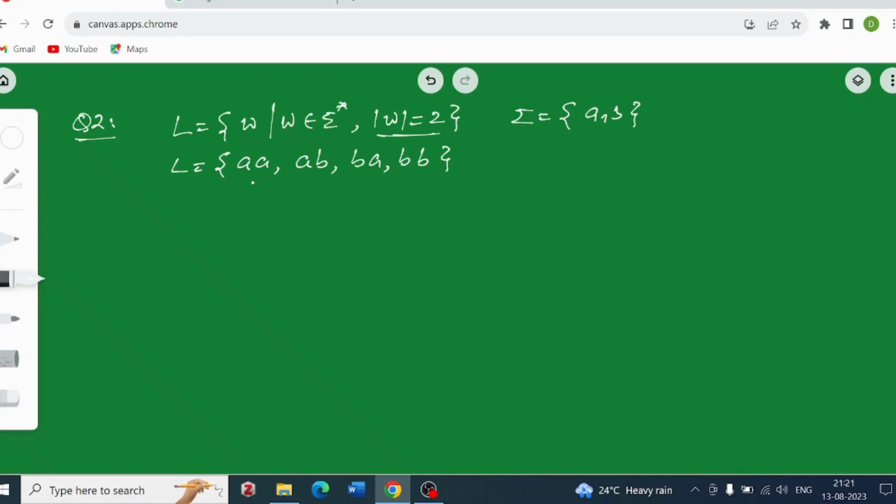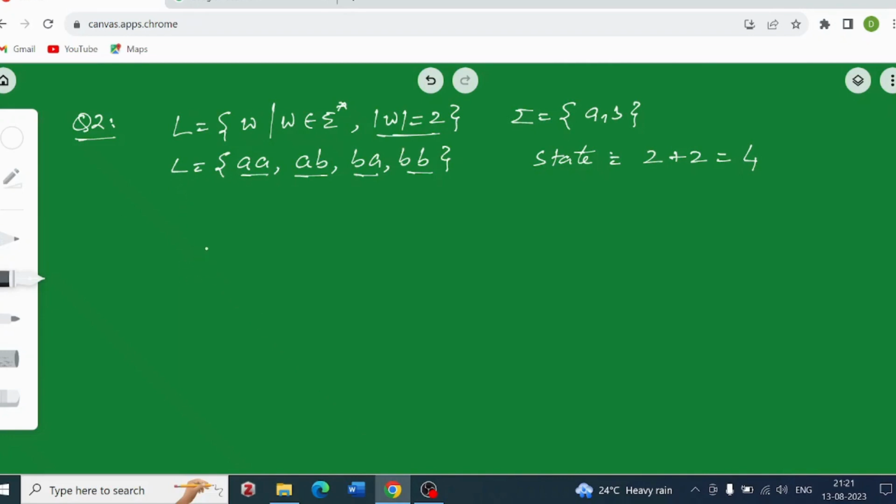So L is a finite set, and in this set all strings are of the same length, that is 2. The number of states required for the DFA would be 2 plus 2 equal to 4. The rest of the strings which are not part of the language L should be rejected by the automaton DFA.